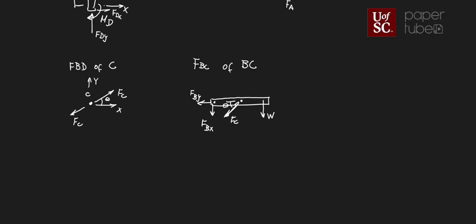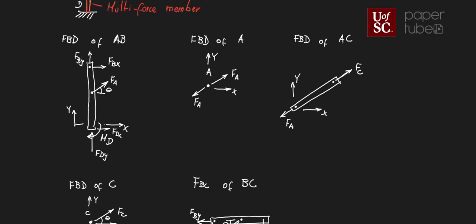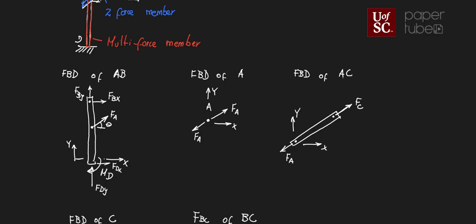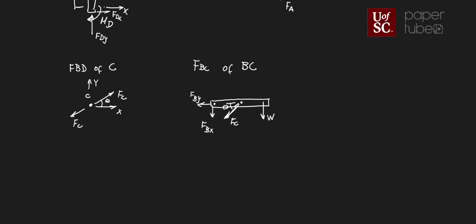I'm drawing them in that direction because I already decided a direction for that element AB, and the ones in element BC are going to be in the opposite direction as the ones that I defined previously, for this to be consistent, right?